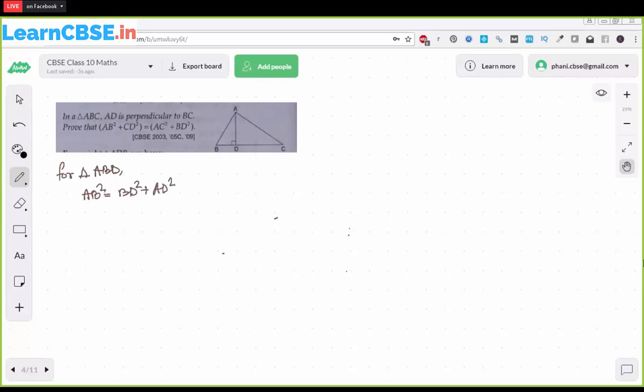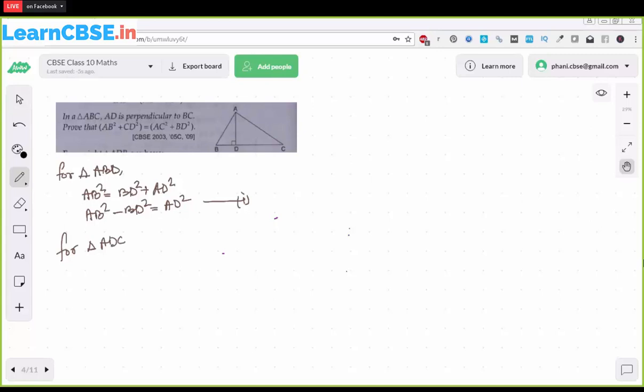So from here we can write AB square minus BD square equals AD square. Okay, so that is my first equation. AB square minus BD square equals AD square. Now similarly for the right angle triangle, let's take ADC.